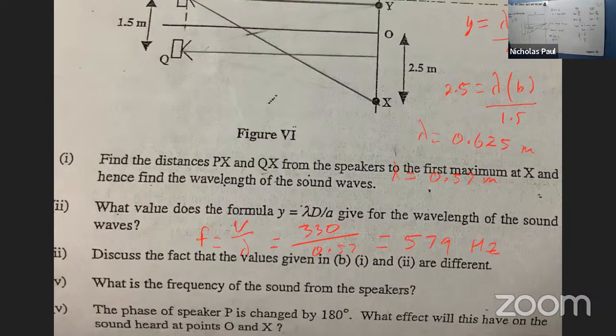So now the phase of the speaker changed by 180. What does that mean? If it changes the phase by 180, what will happen at 1x? There are no fringes here, it's maximum and minimum. When it's light, it's bright and dark. When it's sound, it's loud and soft.